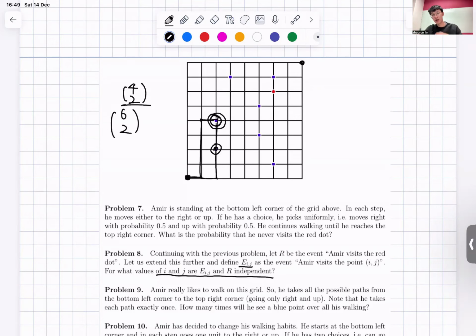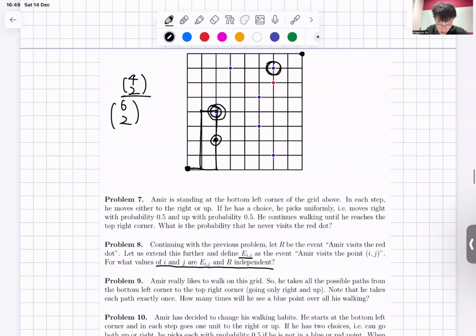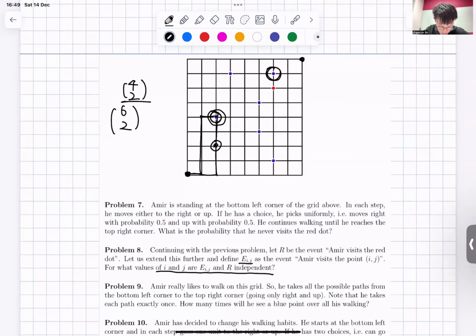So we have to calculate, for each blue point, the number of paths that visit a given number of blue points. For example, for this blue point, we have to calculate the number of paths that has only one blue point. So this is an example. It has only one blue point. And we have to calculate the number of paths that has 2 blue points.